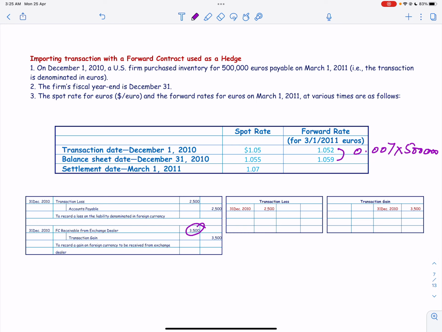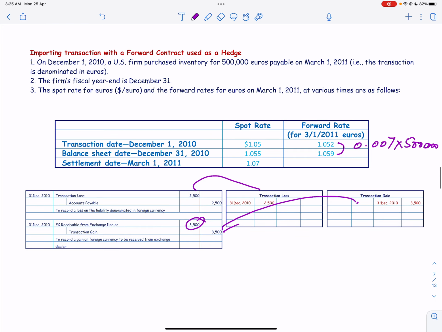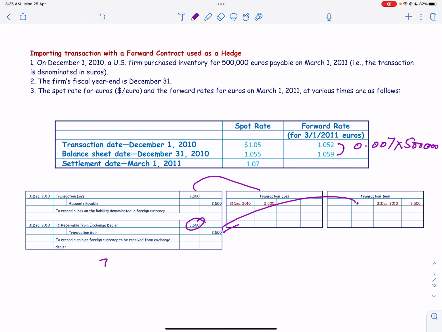So foreign currency receivable from exchange dealer is debit and transaction gain is credit, and I have recorded this in the T account as well. In addition, accounts payable would be recorded at the spot rate in the balance sheet. The income statement would report an exchange loss of 2,500 and 3,500 respectively.